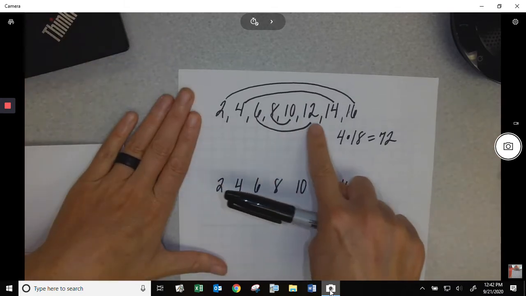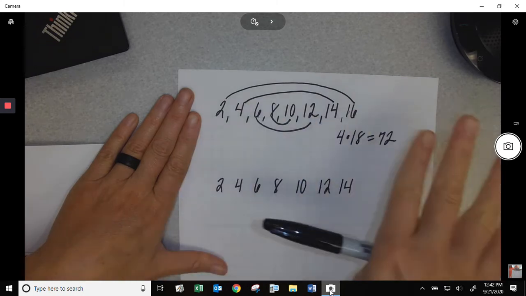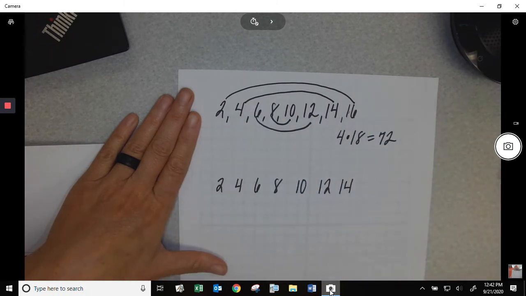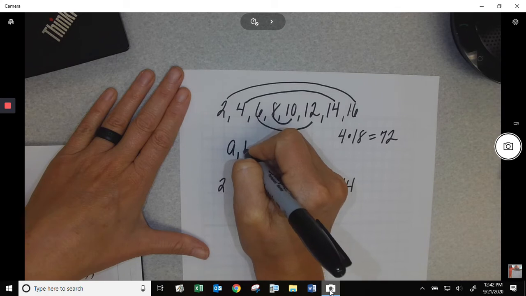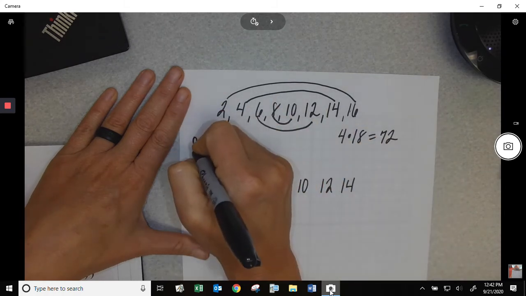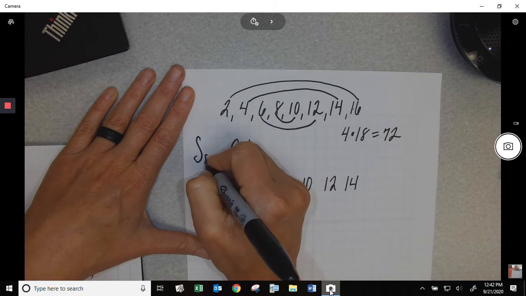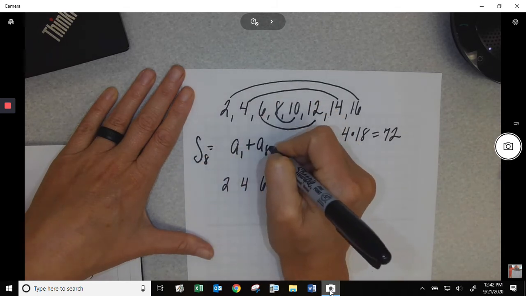Obviously, if there were 50 numbers here, it would be super fast to be able to do it this way instead of adding them all up. So here is how you do it. You add the first term and the last term. So if I want to find the sum of the first 8 numbers, I would add the first term and the 8th term.